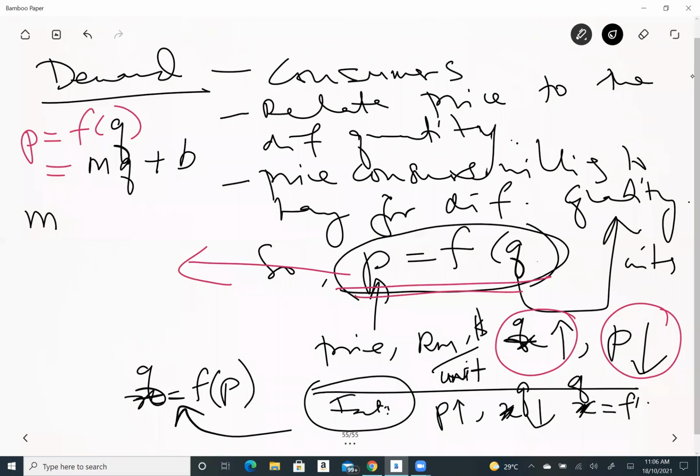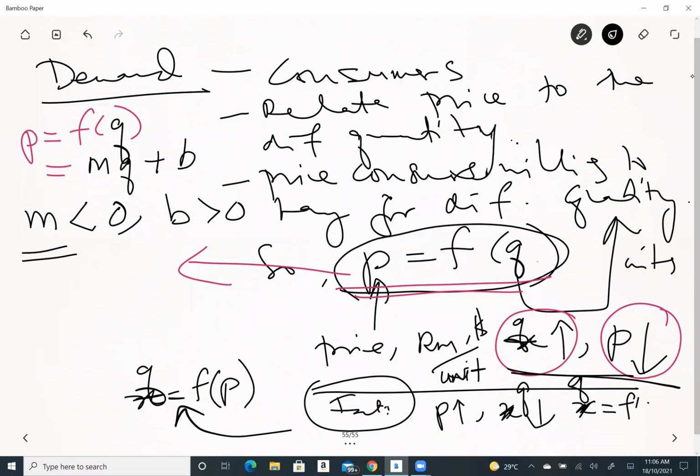For the demand function, you have this relationship. The slope is negative and B is positive. So for the demand function, which is very important, the slope is negative. Now look at the supply function.